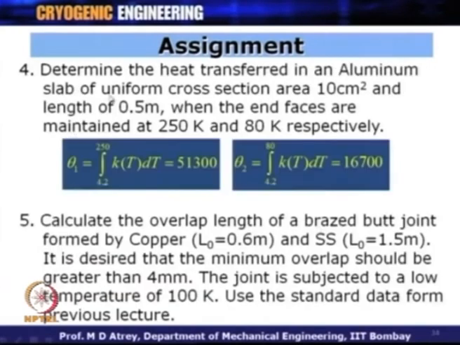And this is calculation of the heat transfer, which we just saw, and here again based on what we did, calculation of shrinkages so that the overlap length is always maintained. So, please go through these assignments and solve these problems, and for all of them use the standard data that is available both in the literature and as given in my earlier lectures.